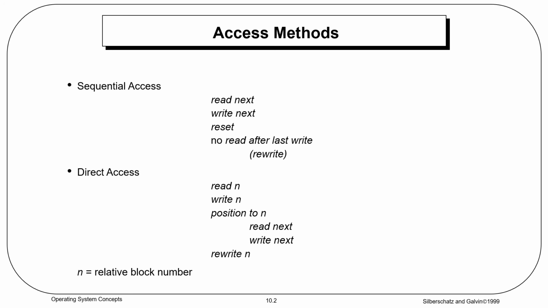The direct access method is based on a disk model of a file, since disks allow random access to any file block. For direct access, the file is viewed as a numbered sequence of blocks. Each block has a number. Direct access files are of great use for immediate access to large amounts of information.